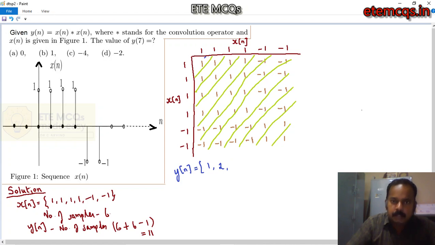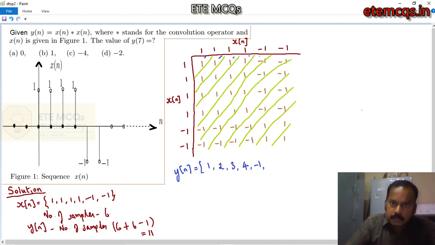The third one has 3 ones, so 1 plus 1 plus 1 is 3. Next I take this section: 1 plus 1 plus 1 plus 1 is 4. Next it is minus 1 plus 1 is 0, 1 plus 1 is 2, and again minus 1.